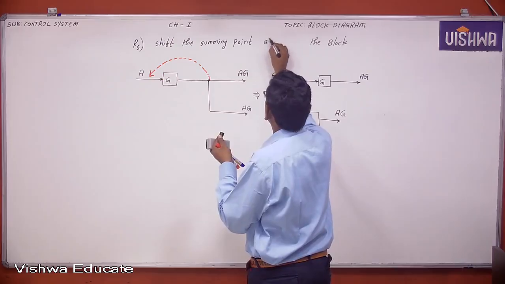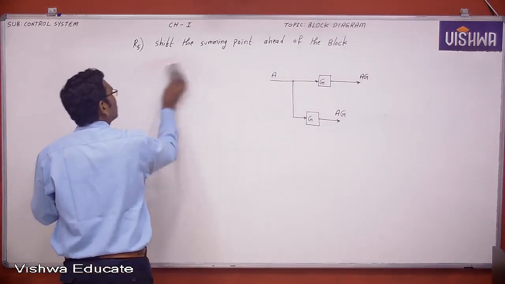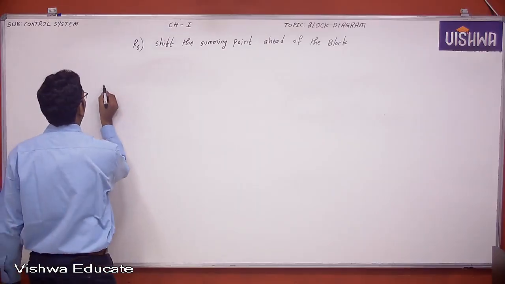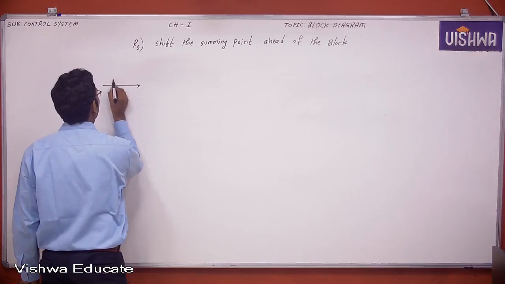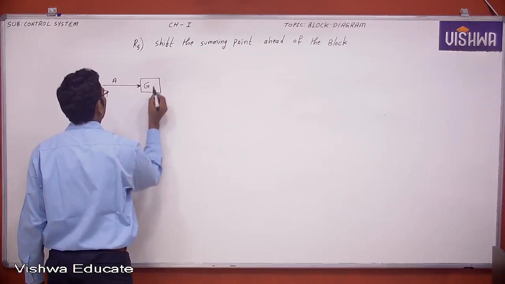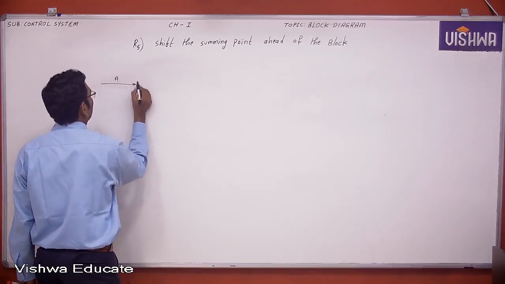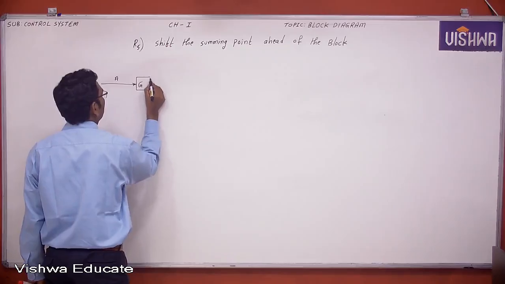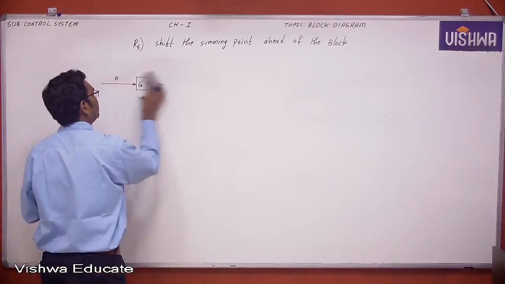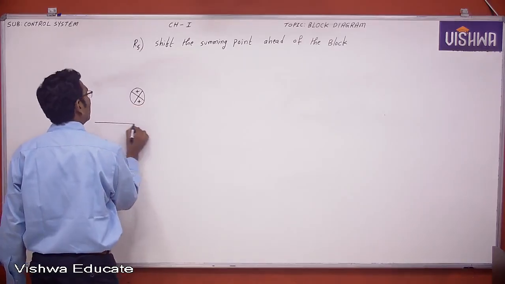Shift the summing point ahead of the block. This is the summing point first, because he is asking to shift the summing point, right?